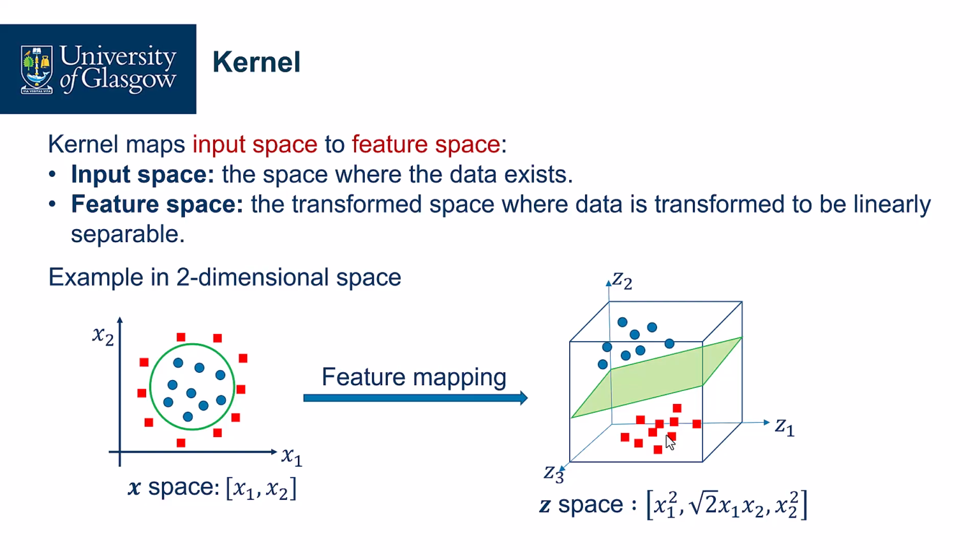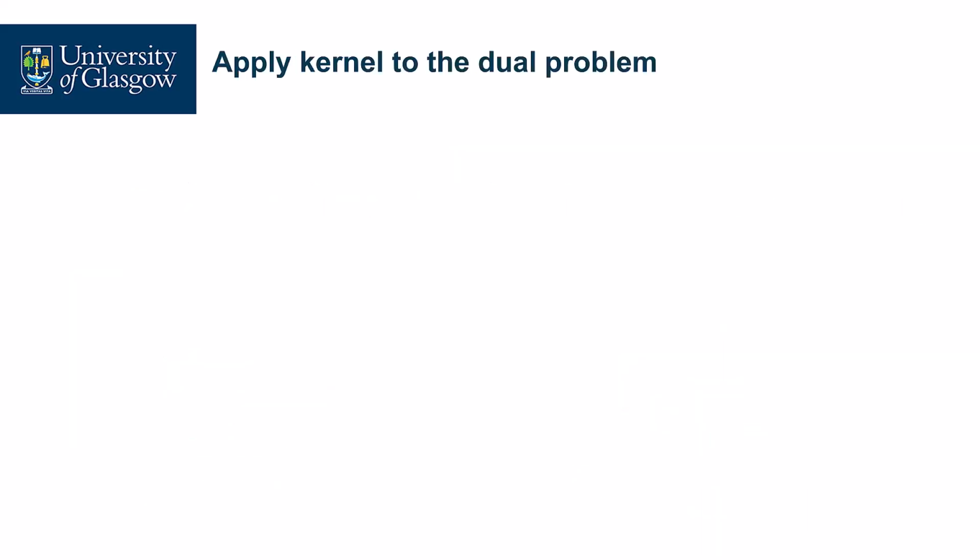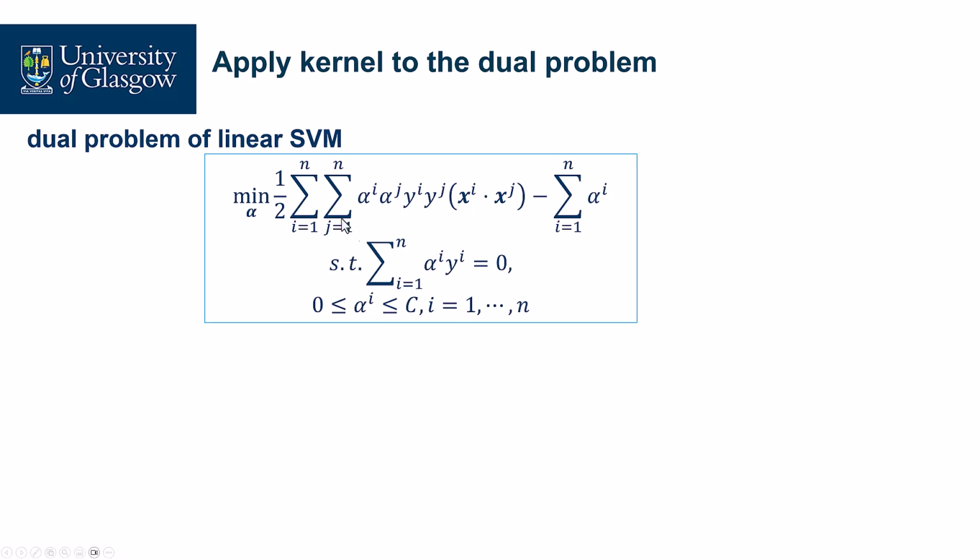After knowing this, we need to apply it to the optimization problem that we solved when we used the hard margin or soft margin SVM. So let's see how to do that. The dual problem that we have solved before, I think you remember this one from the last session. This is the soft margin one. We will solve this dual problem.